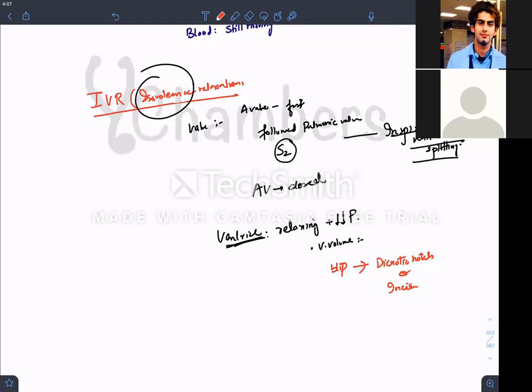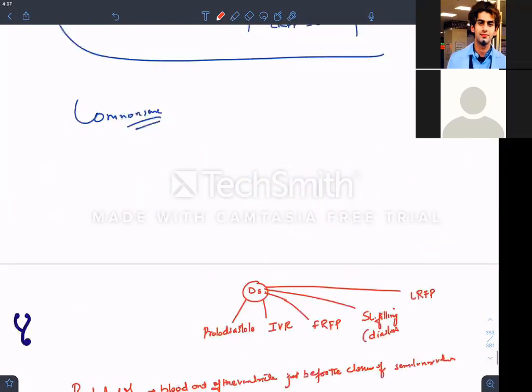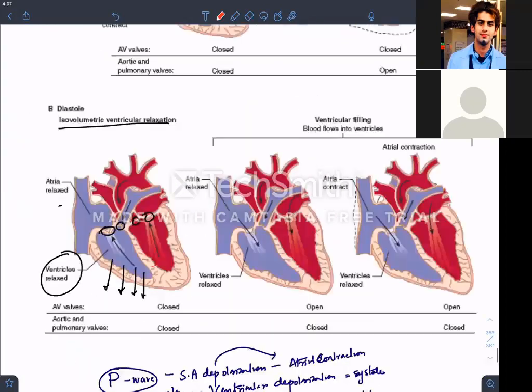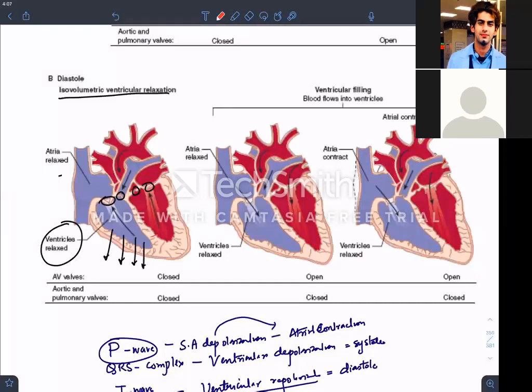Now you tell me, guys, if the ventricular pressure decreases below the atrial pressure, will the mitral valve open or not? Yes, it should open. All the game is about the pressures.